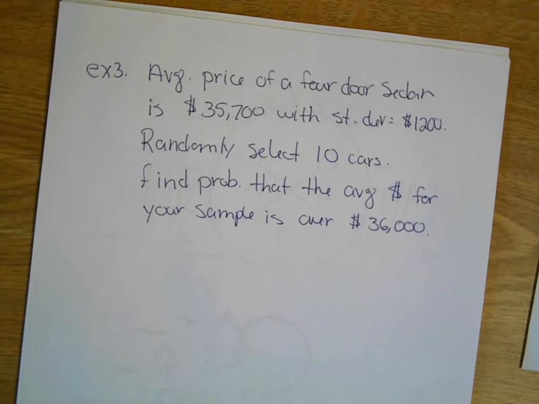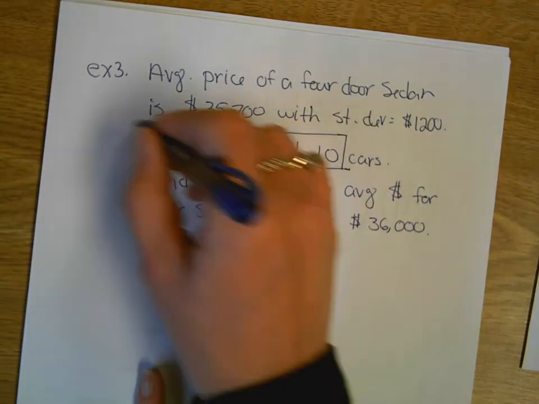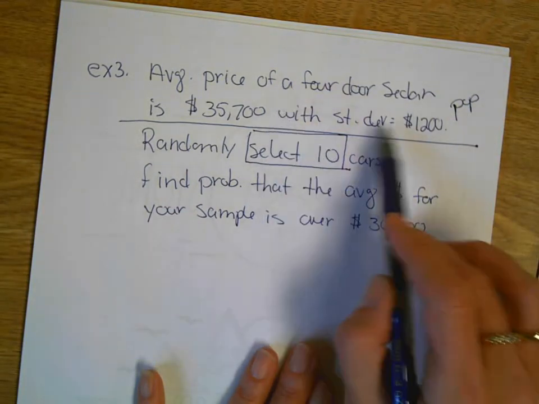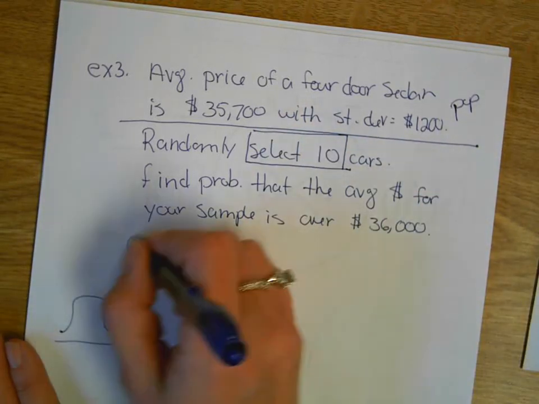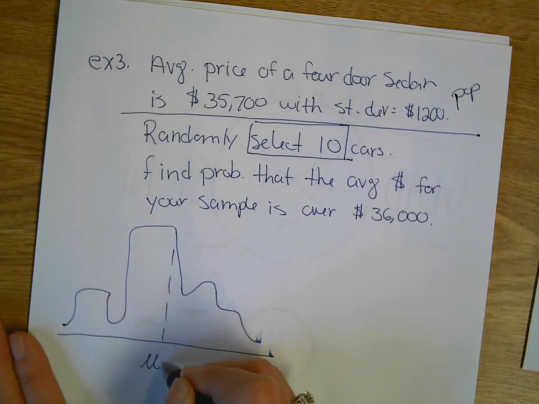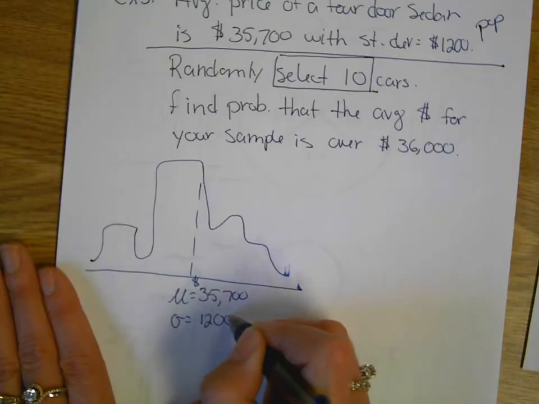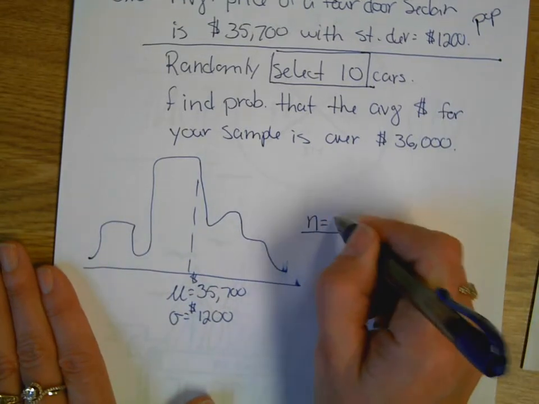Okay, so we're selecting 10, so that tells me I've got to make the two graphs. Here's the information about my population up here. Do I tell you that the population is normally distributed anywhere there? No. So the population isn't necessarily normal, but I know that the mean is 35,700, standard deviation 1,200, selecting samples of size 10.